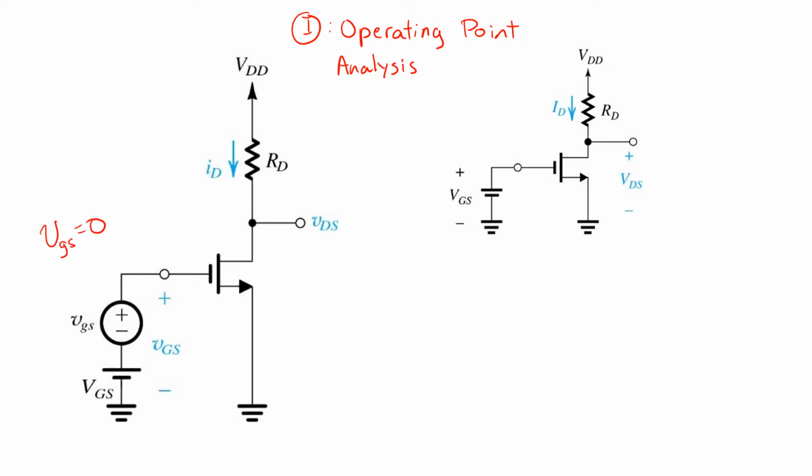In this case, since the small signal source is a voltage, VGS, setting it to 0 is equivalent to replacing it with a short circuit. And that's what's done here. The small signal source VGS that used to be here is now set to 0.